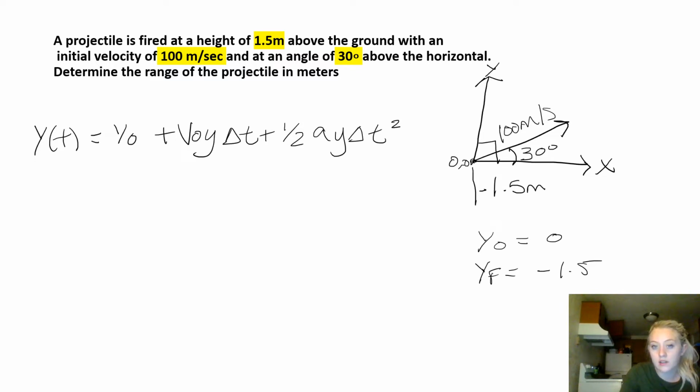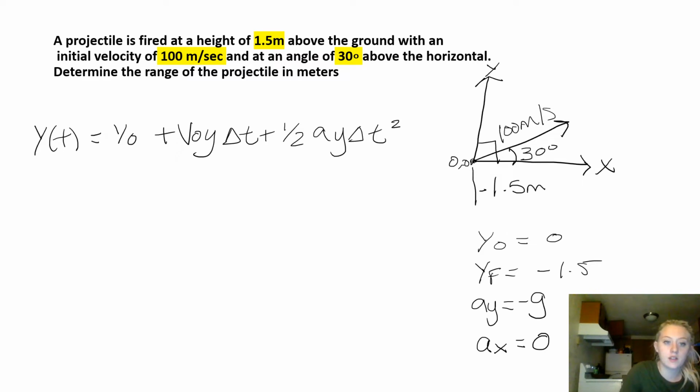And then our acceleration in the y equals negative gravity. And we always know that our acceleration in x for projectile motion equals 0, because there's no acceleration in x. It's only due to gravity.